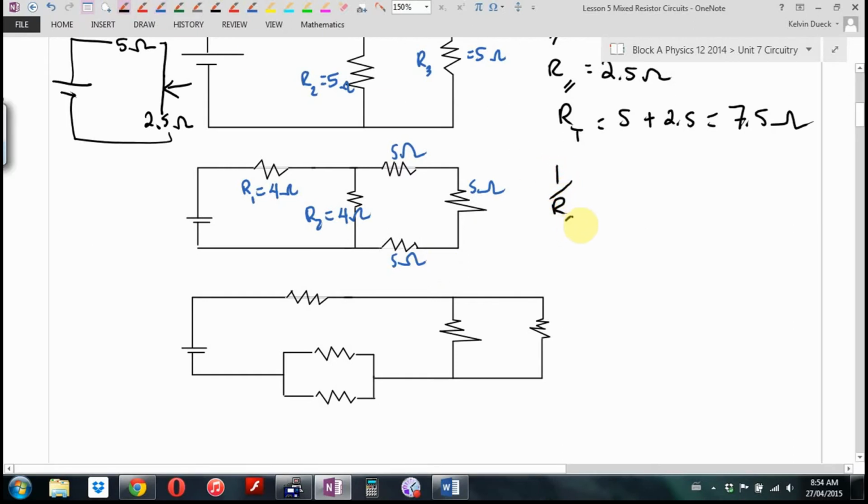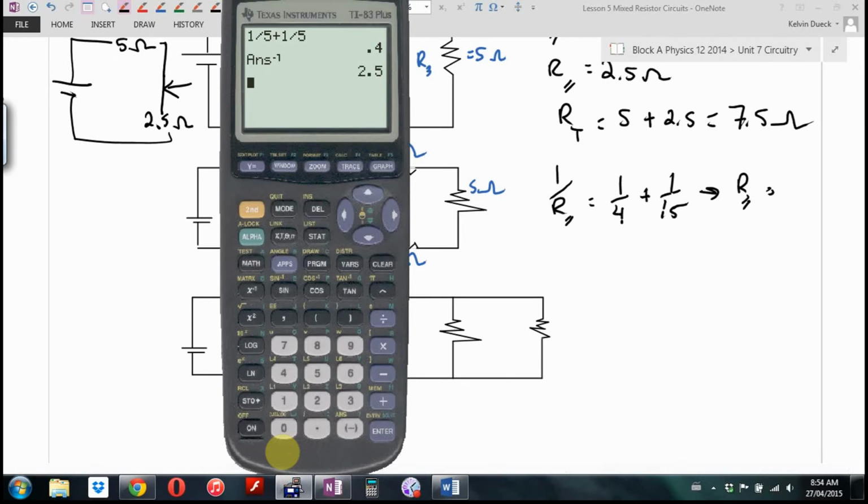1 over R parallel is going to be, do you see it? I can combine that 4 and that mathematical 15 equivalent, and I can replace that huge mess with 1 over 4 plus 1 over 15.